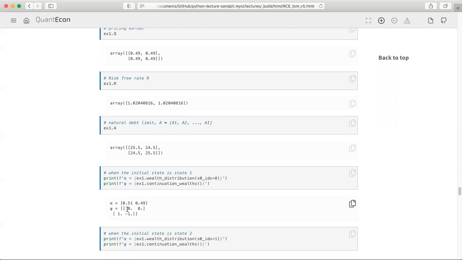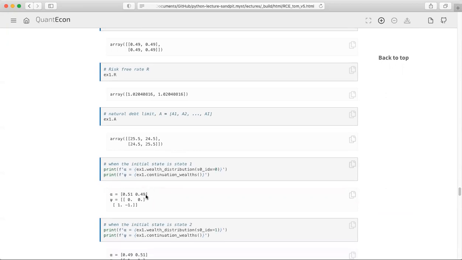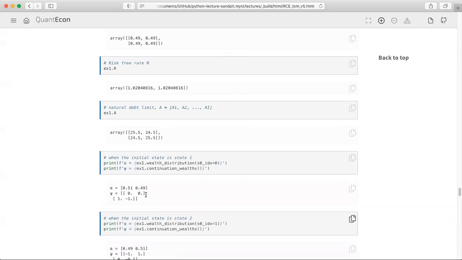So these are the continuation wealths of the two people. Let me just go here.